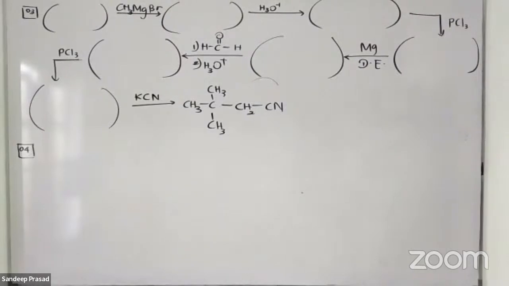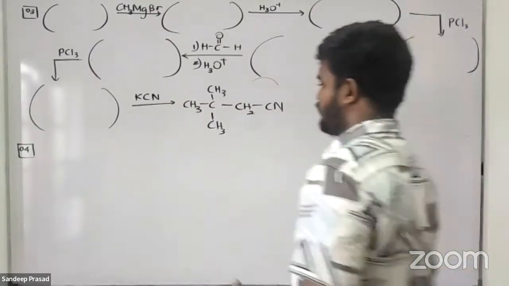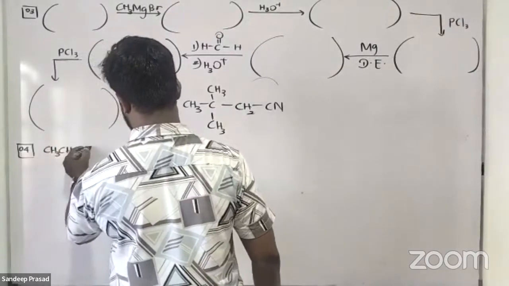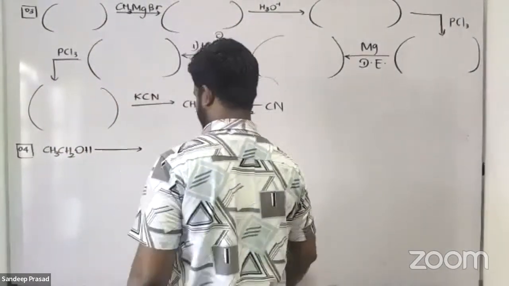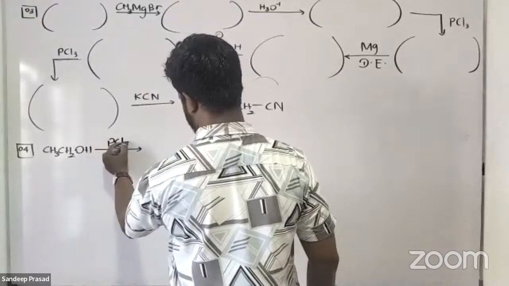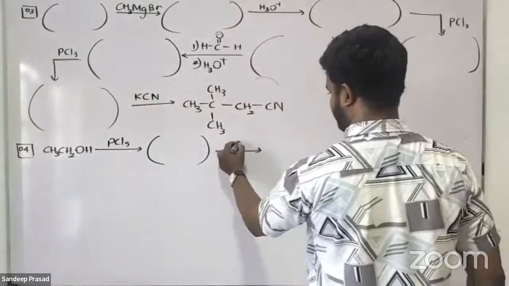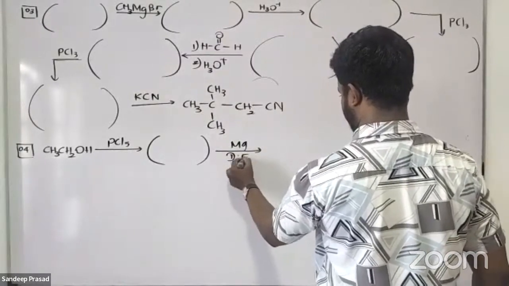Fourth one. CH3CH2OH, alcohol, ethanol. We are starting from ethanol. Added PCl5. Then we are forming a Grignard reagent. What is it?